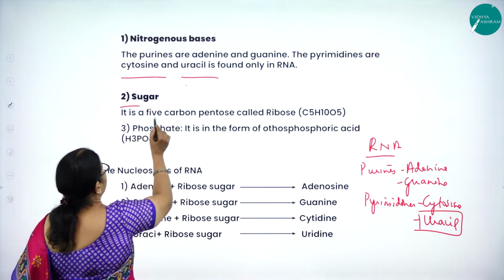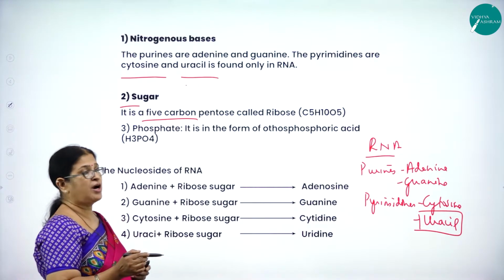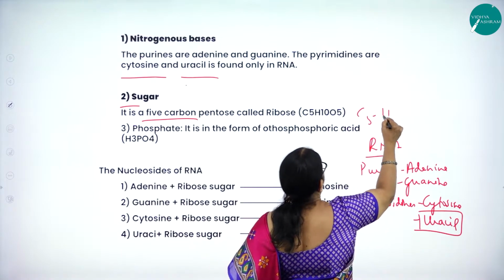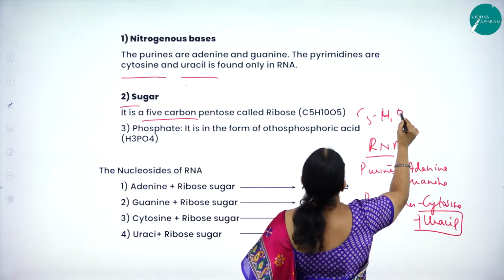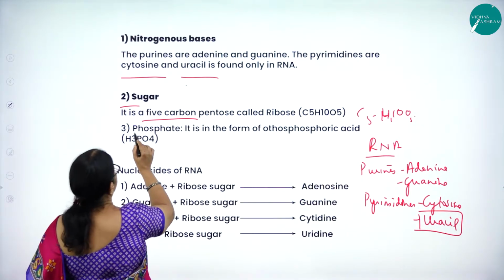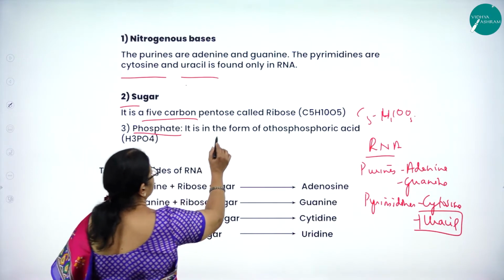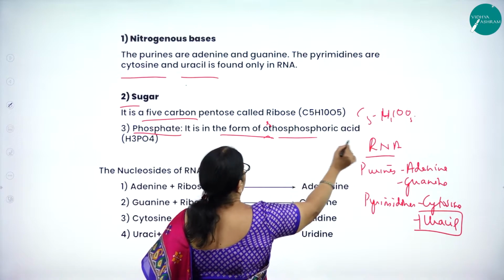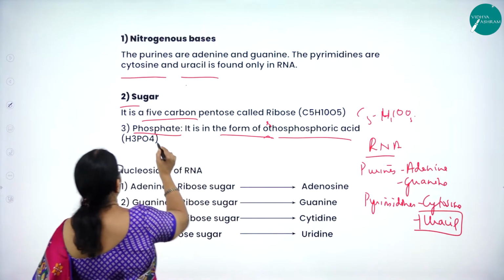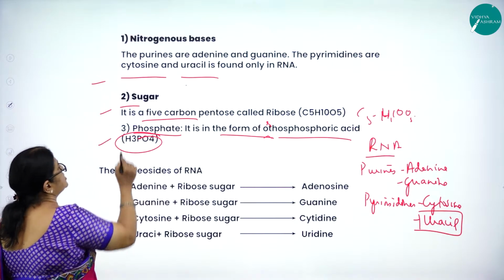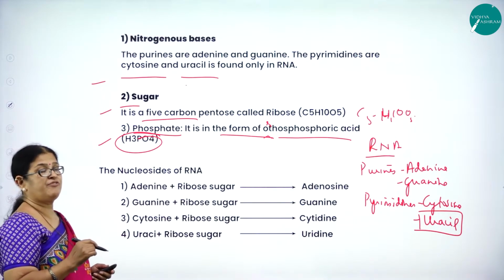Next, sugar. It is a 5-carbon pentose sugar called ribose sugar, C5H10O5. Then phosphate: it also has a phosphate, in the form of orthophosphoric acid, H3PO4. So the chemical composition of RNA is what?